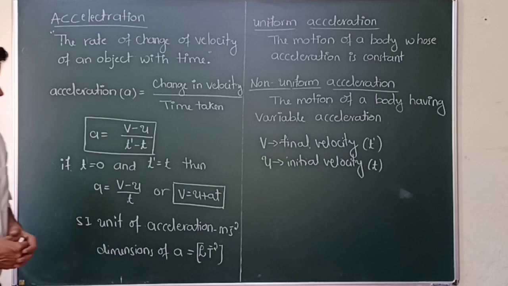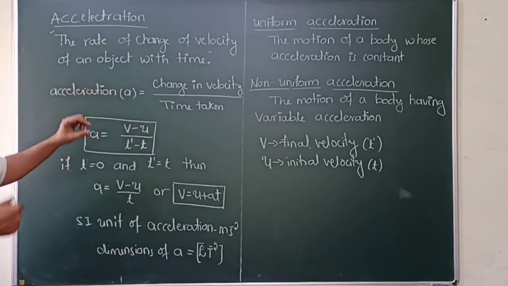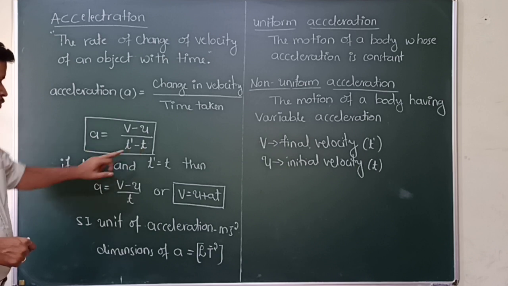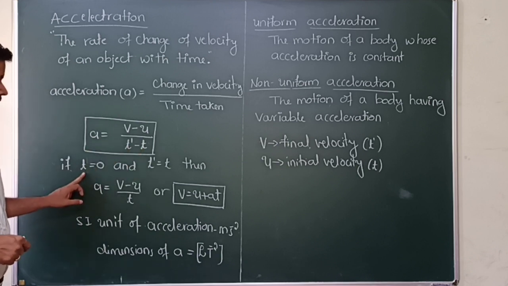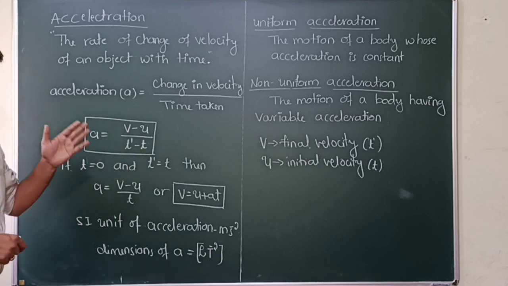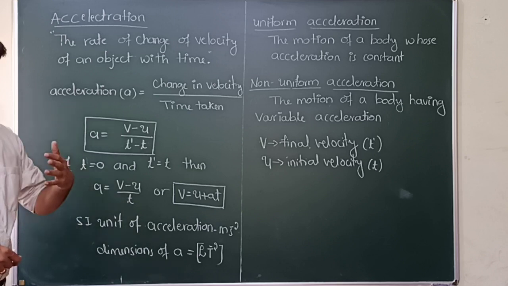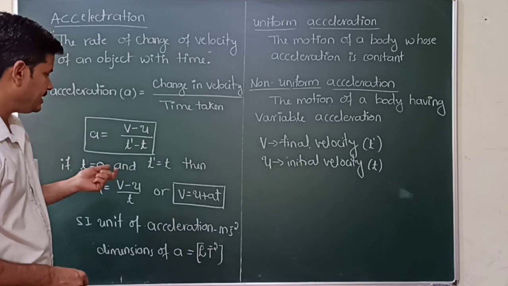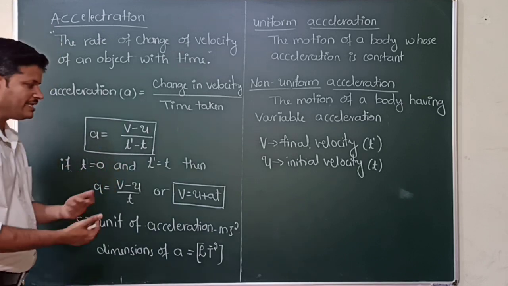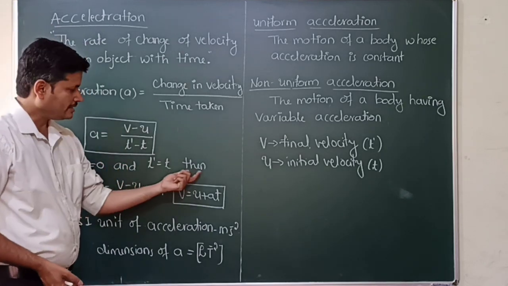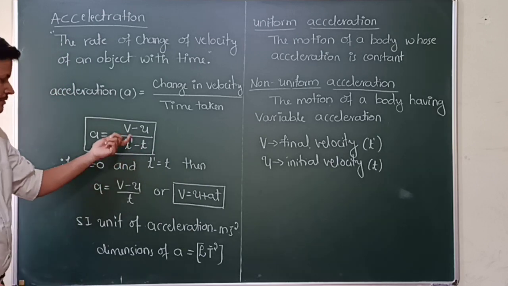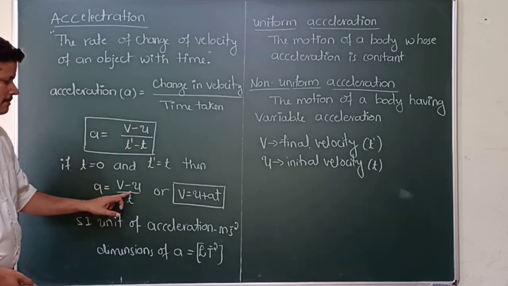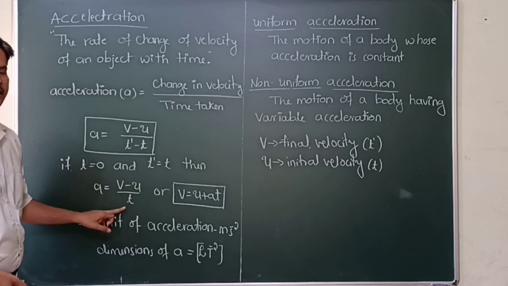Then if t is equal to 0 as the initial time, if we consider the object is moving from an initial time of 0 to a final time t, and substitute the values, a equals v minus u divided by t.